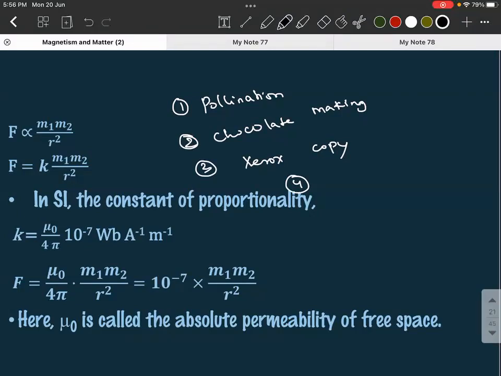Let me see, I'm not sure. I've not heard of it. Because a Xerox machine uses electrostatic. Anyway, a Xerox copy actually uses electrostatic.